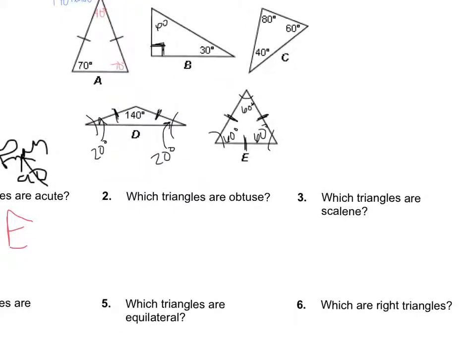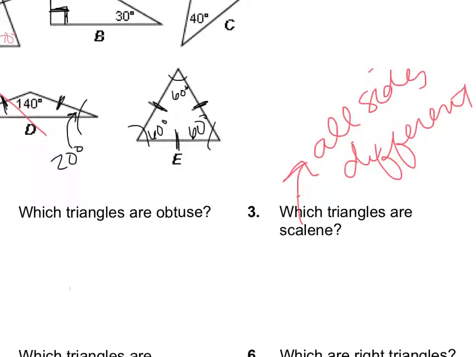Number 3 says which triangles are scalene. Scalene means all the sides are different. And if all the sides are different, it also means all the angles are different.